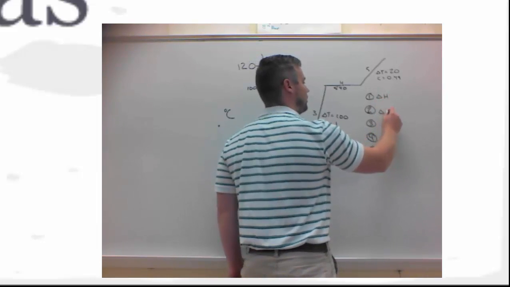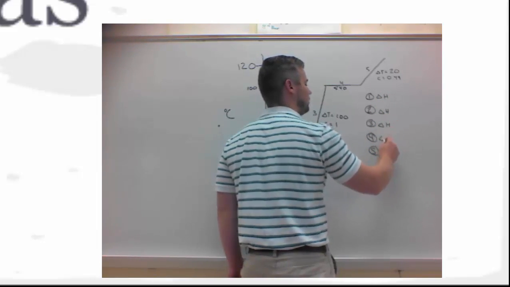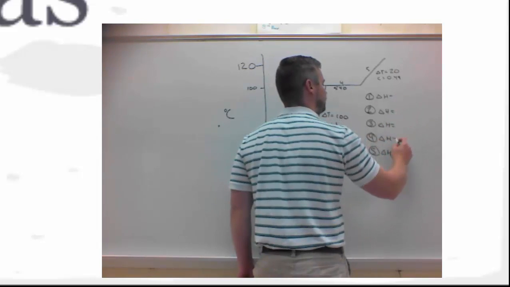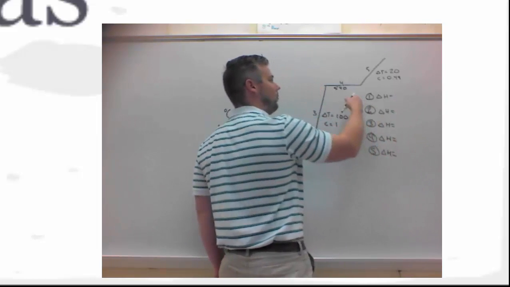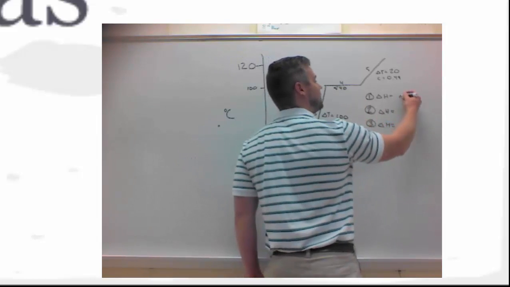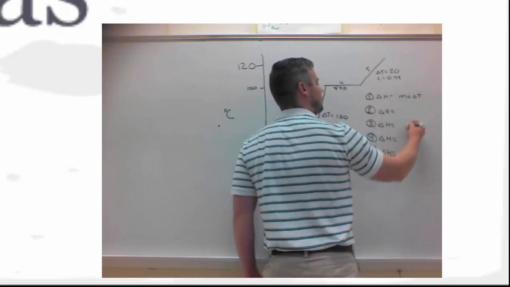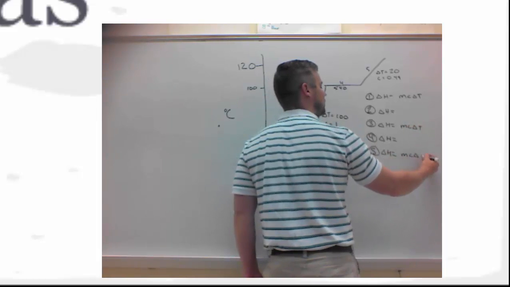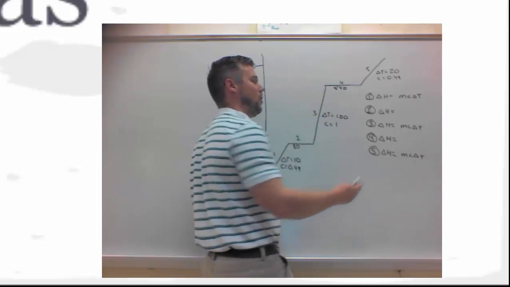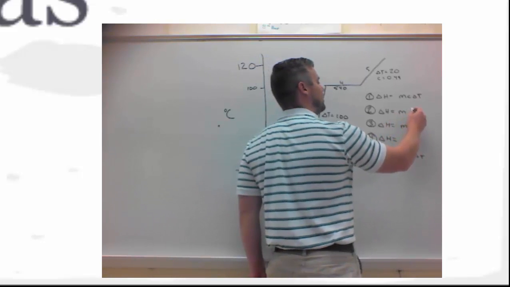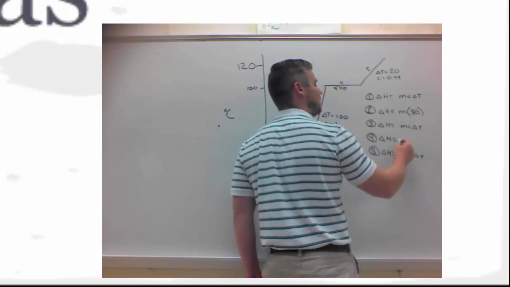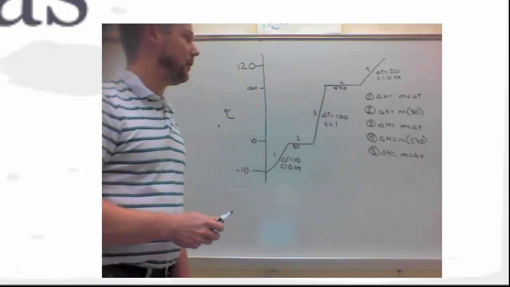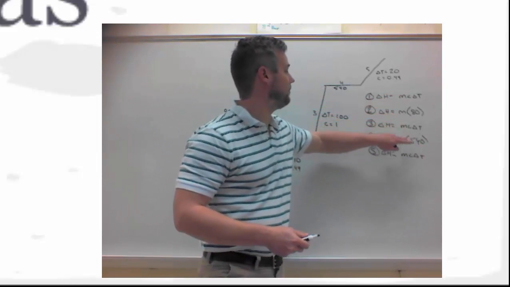All of them are delta H. 1, 3, and 5 are going to be MC delta T. And then 2 and 4 are going to be mass times 80, mass times 540. Fill in the appropriate mass as given to you by the problem.